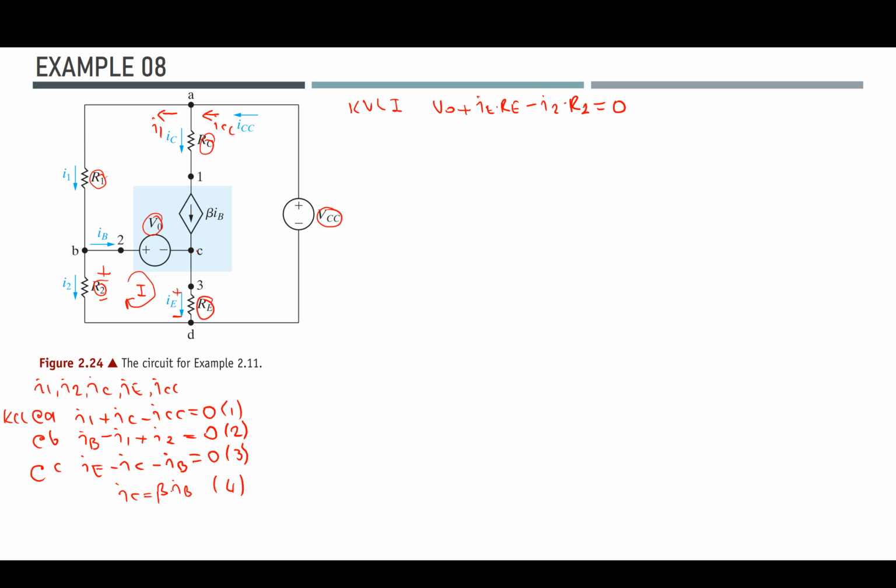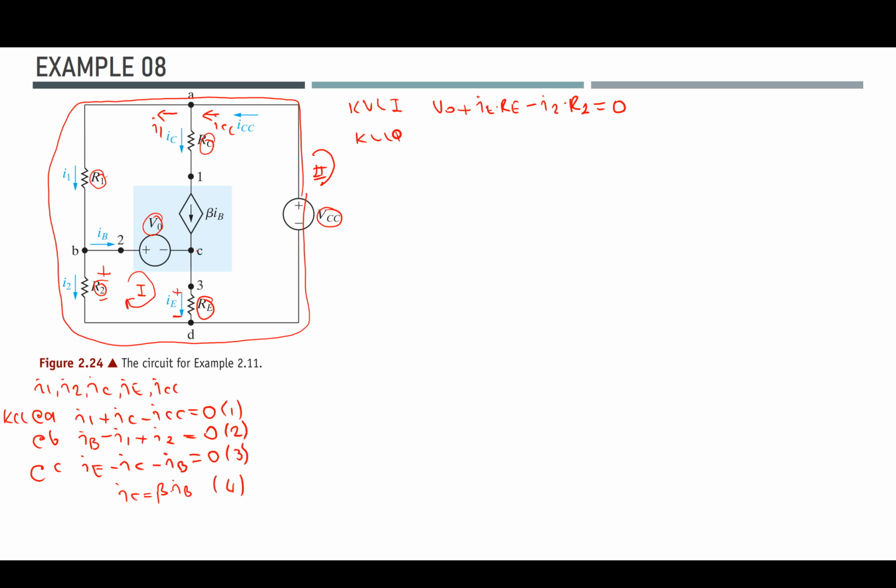I can also take the large loop around the power supply. Let me show it. This is the loop that I'm interested in, the outer loop, and I can again rotate in that loop. Let me write it outside so that you don't get confused. This is going to be the second loop. It doesn't contain the dependent current source, so I don't have to deal with its unknown voltage.